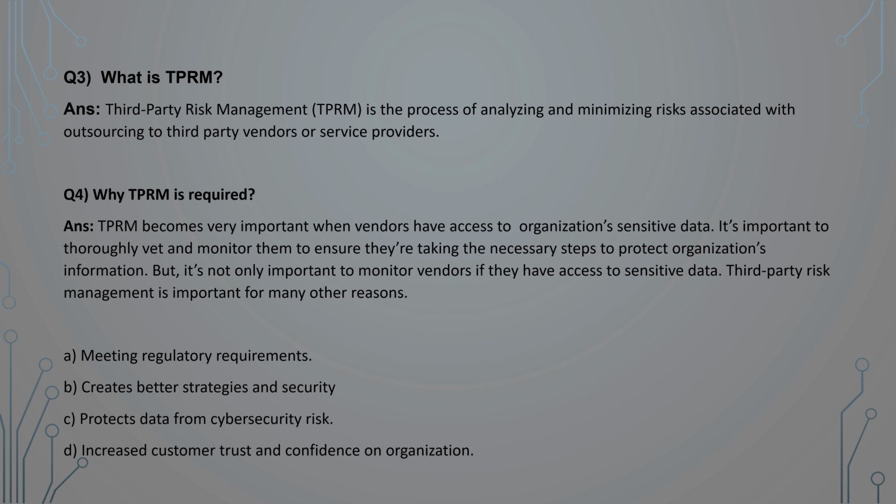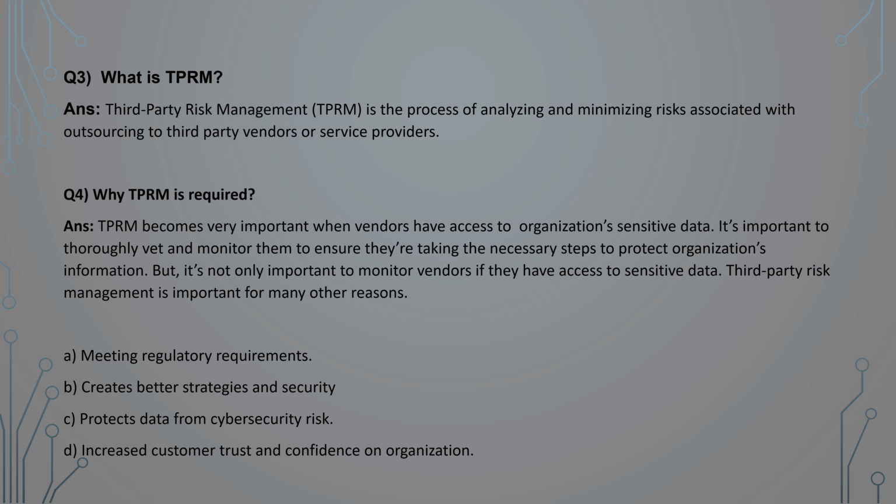For example, in India, if the vendor is providing services related to insurance or something else related to the financial sector, then for the insurance sector, IRDA is the regulatory body. And for the banking sector, let's suppose, the Reserve Bank of India is the governing body. So through TPRM, vendors should meet the regulatory requirements.